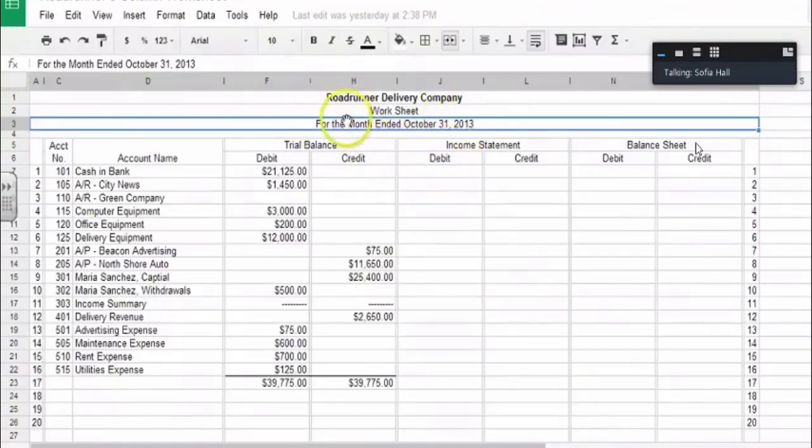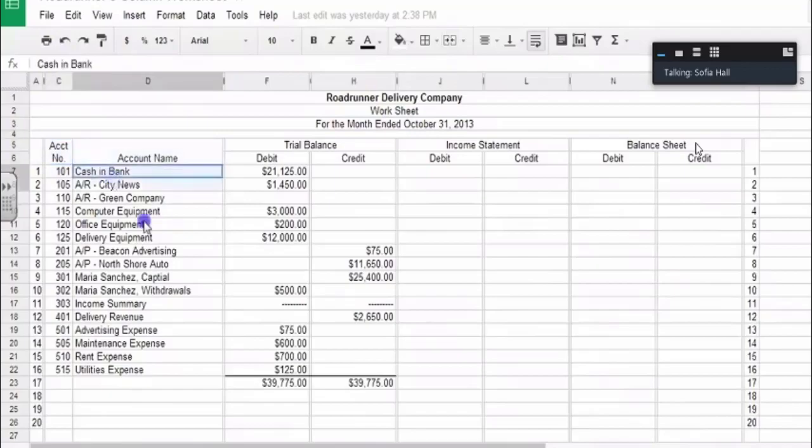So this is section 1 of our 6-column worksheet. Section 2 includes our account numbers and account names. You'll notice that these are in order: assets, then liabilities, then owner's equity, then revenue, then expenses. Each of the accounts listed in our chart of accounts is included in this section of our worksheet. So this is section 2, the account number and account name.